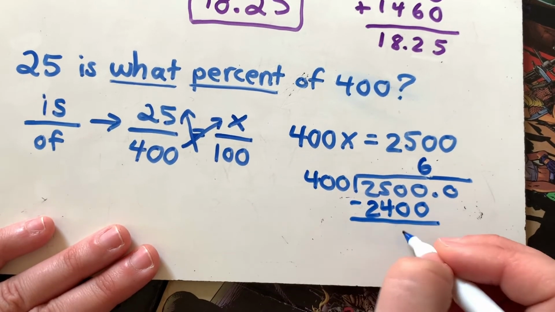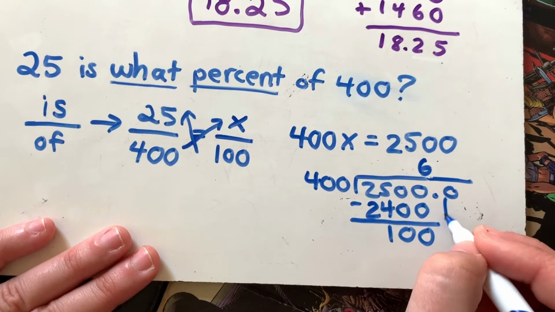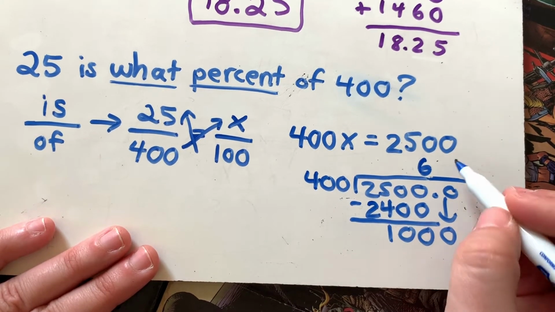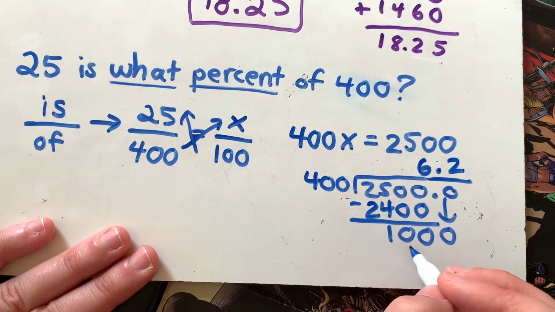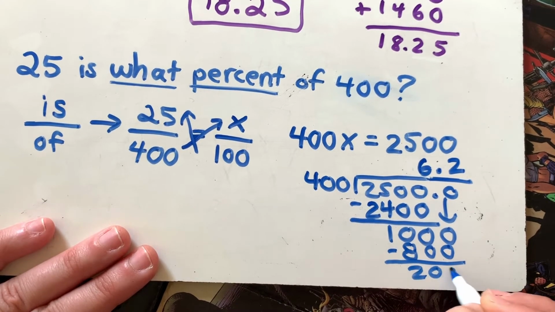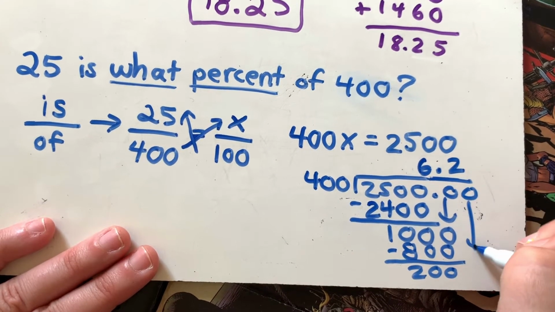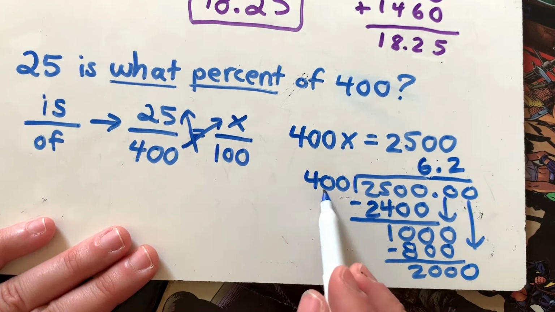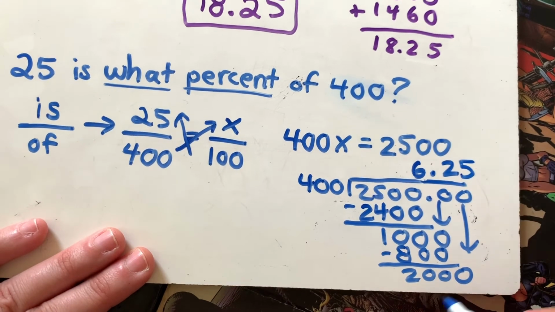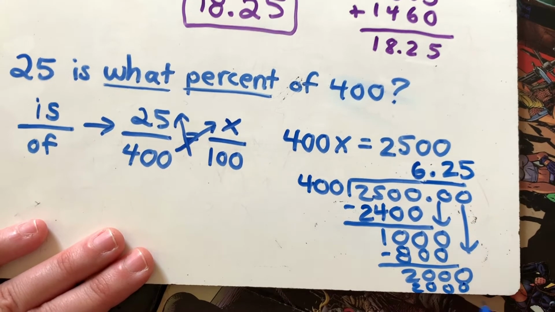Oh, look at that. Okay, there we go. Much better. So 400 goes into 1,000 2 times. The closest I'm going to get is 800. I subtract, and aha, there we go. 400 can go into 2,000 perfectly 5 times. Oh, I'm going to squeeze it in all the way at the bottom.